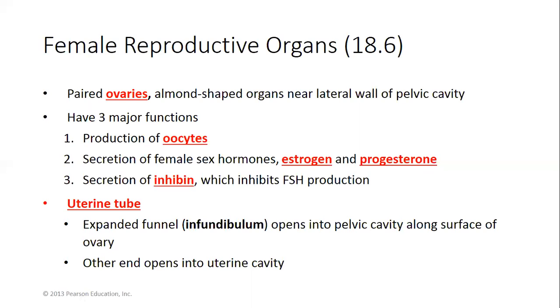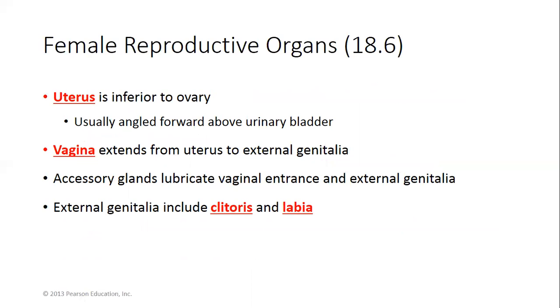And then it basically sends the fertilized oocyte with the sperm that fertilizes the oocyte to the uterus to mature and grow into baby.